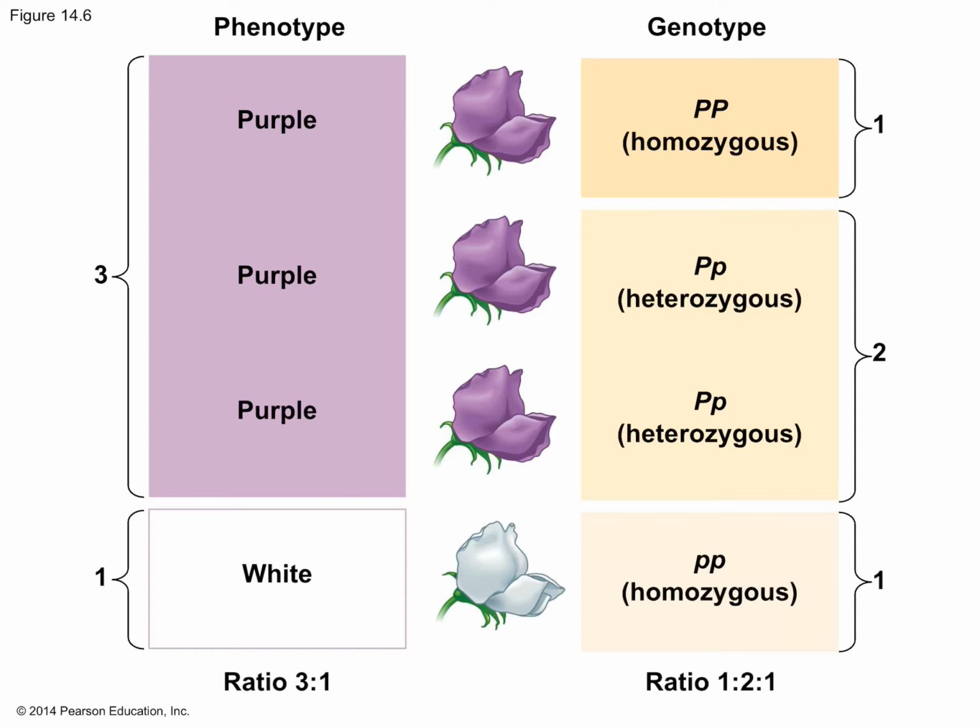The reason we have this difference is because you can imagine if you're just looking at phenotypes and you see these three purple flowered plants, you don't know just from physical appearance what their genotype is. They could be homozygous or heterozygous because both of those genotypes give you the same phenotype, purple. What you do know is that if you see a white flower plant, it's homozygous recessive.